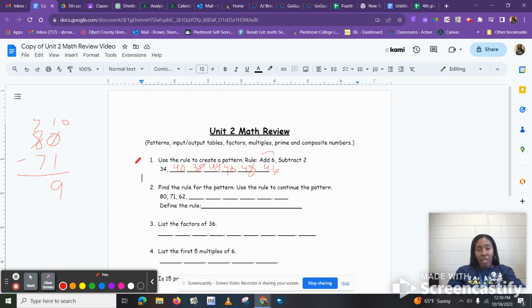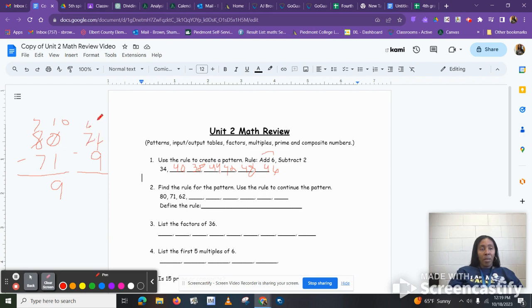So now let me check it to get from 71 to 62. Let me see if 71 minus 9 gives me 62. If so, then I know that my rule would be subtract 9. I can't do 1 minus 9, so I borrow from my 7. That becomes a 6.